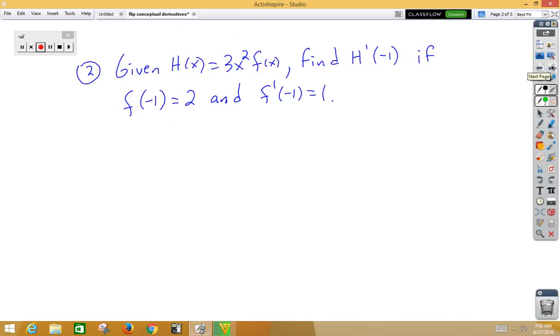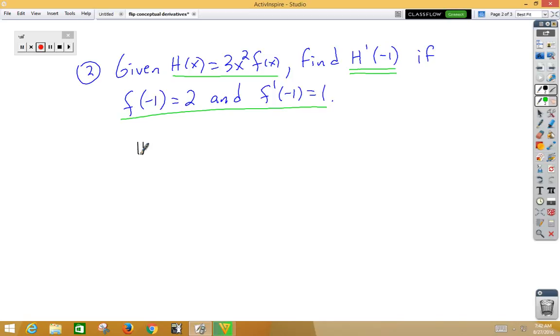In our second example, h of x is defined as 3x squared multiplied by f of x. We want to find h prime of negative 1, and we are given some values to help us. So again, h prime of negative 1 means take the derivative, then plug in a negative 1.